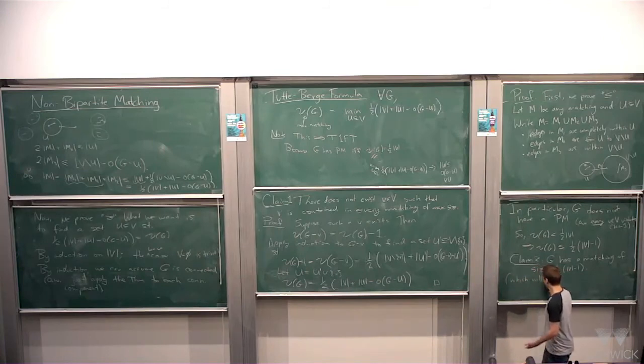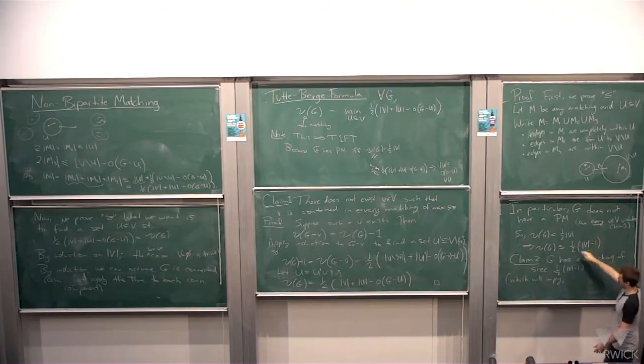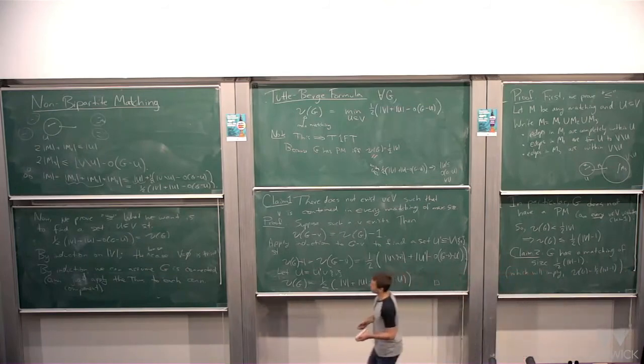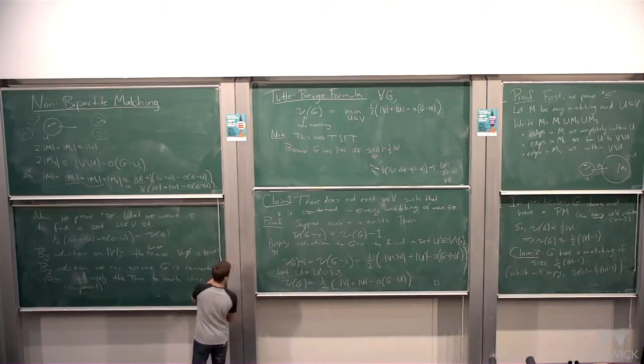Of course, because we have an upper bound on the biggest matching in terms of this, this would give a lower bound, so this would imply that it is actually equal to 1/2 of V minus 1, right? And actually, this will imply the whole thing, so we'll be completely done once we prove this claim.